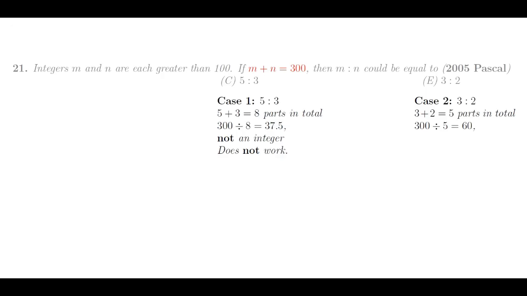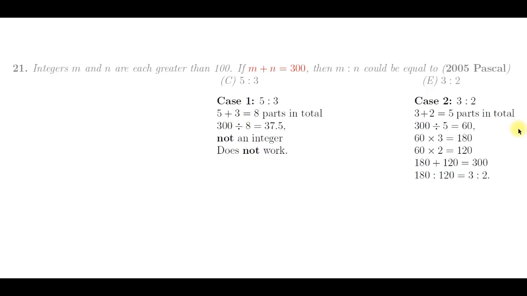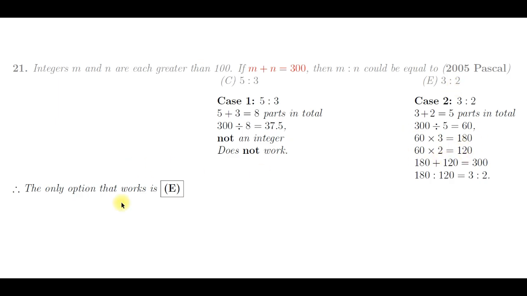My 300 divided by that gives me 60 groupings of this 3 and 2. If I work that out, it means that I'm going to have 180 for m, 120 for n. Those do indeed add up to 300, and they are indeed in the ratio of 3 to 2. Each of them is greater than 100, so that's our result.